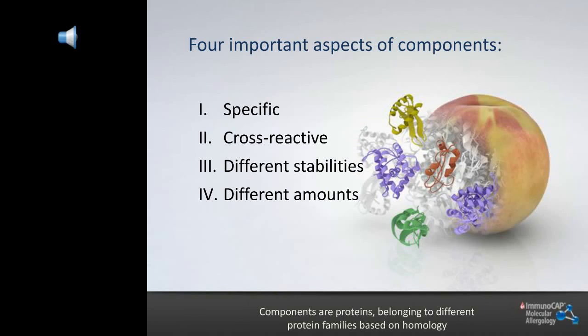IgE is the IgE to the specific component. So essentially, if you have an IgE to a cross-reactive component, which occurs in other foods and so on, it's less important, and I'll discuss that later. And also, if the IgE is to a stable allergen, then that's more critical. And obviously, if the IgE is to a component which is quite plentiful in the food, then it's more important.